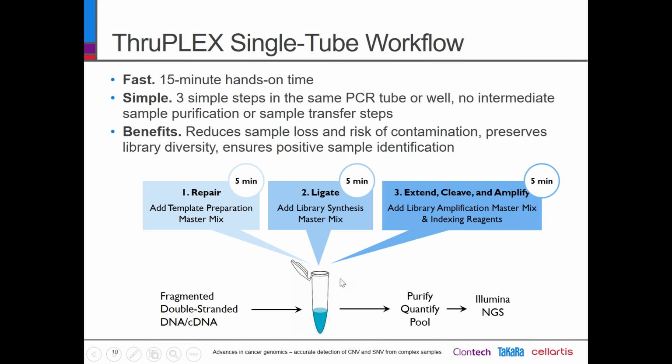The advantage of having a single tube protocol is that we are dealing with complex samples which are present in low quantities, samples that are precious, and working in just a single tube allows you to retrieve the maximum of your sample. So you see, a very streamlined and easy protocol, and from your cancer samples to the sequencer, this takes only 2 hours.